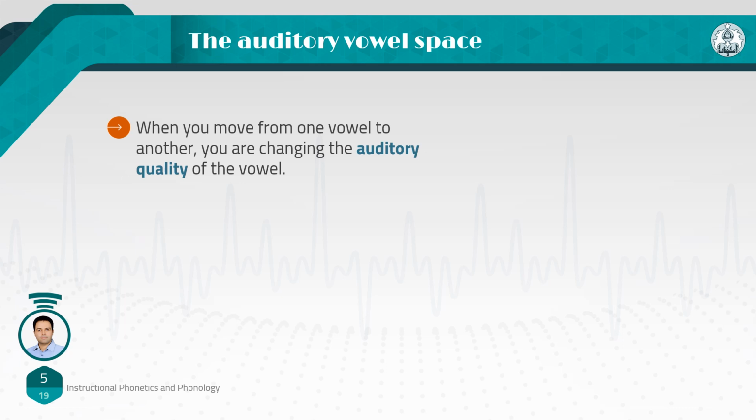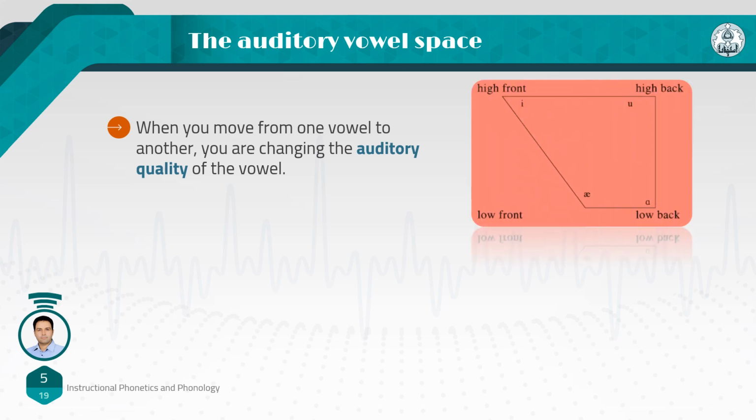We often simply use labels for the auditory qualities of the different vowels, and for example, we use high, low, back, and front.